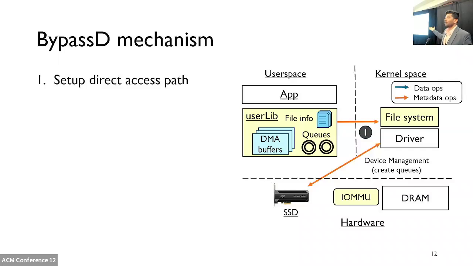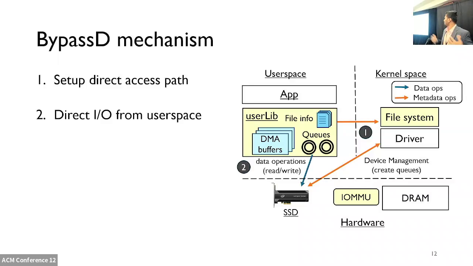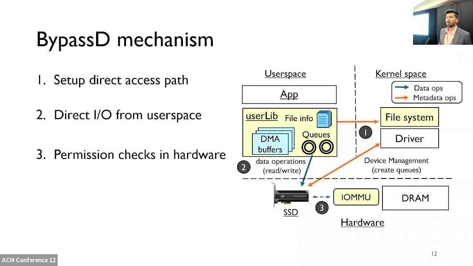This involves setting up NVMe queues, buffers in the user lib, and more importantly, setting up the permissions for the file. I'll discuss more about this in the next slide. Once that is done, the applications can access the device directly. When this happens, the SSDs interact with the IOMMU to verify that the access is permitted, and then voila, we are done.